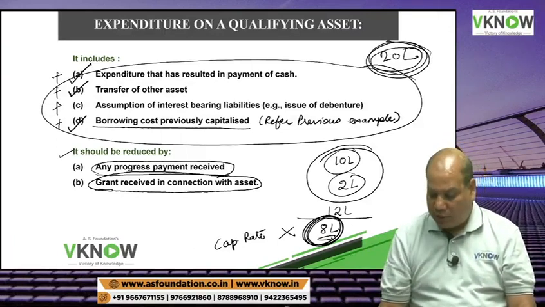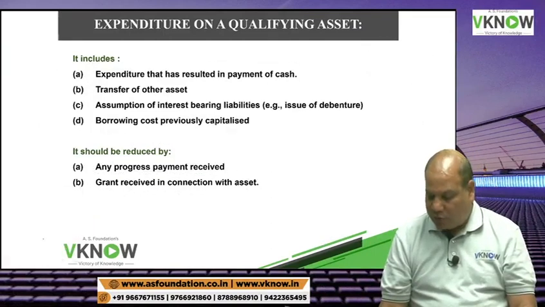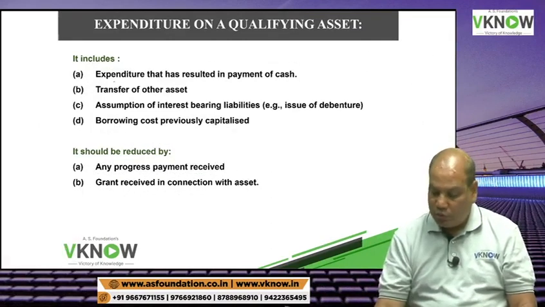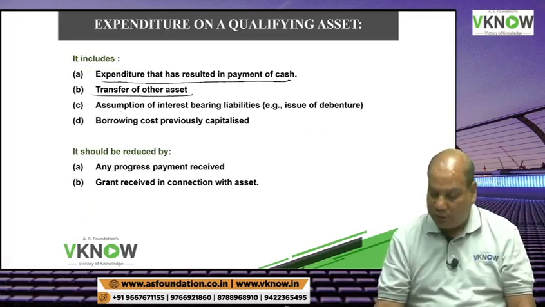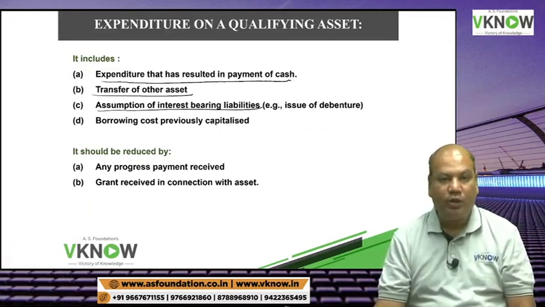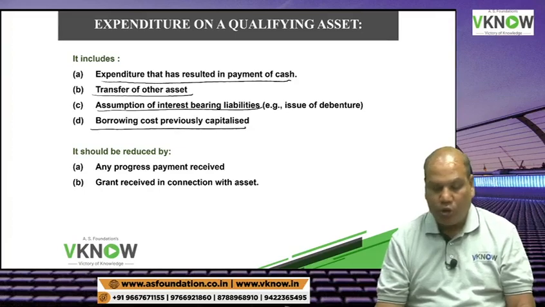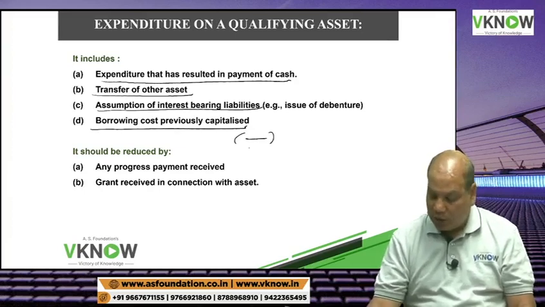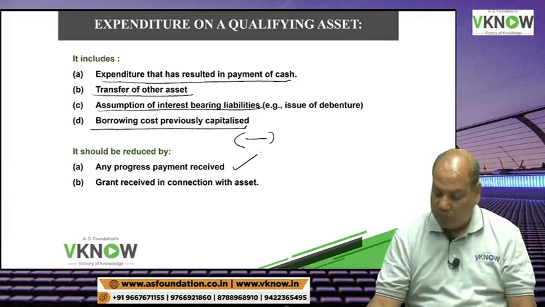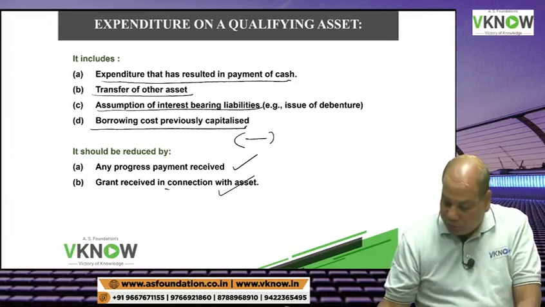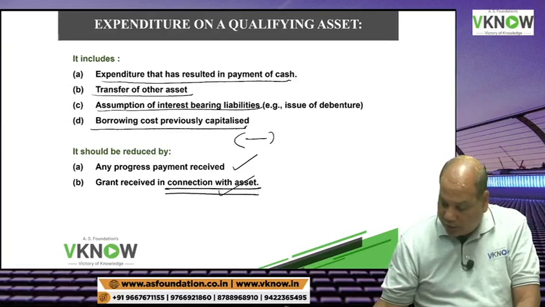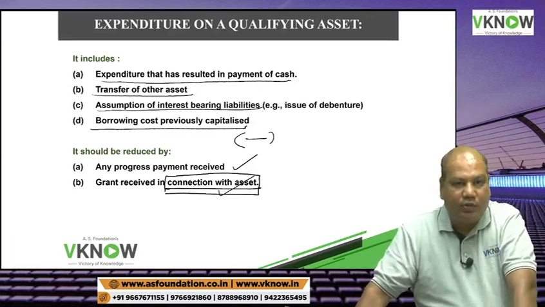So once again revise, what is expenditure on qualifying asset? Those which have resulted in payment of cash, transfer of other asset, assumption of any interest bearing liability, borrowing cost previously capitalized, and from that you deduct any progress payment received and any grant received in connection with the asset, means specifically with respect to that asset.